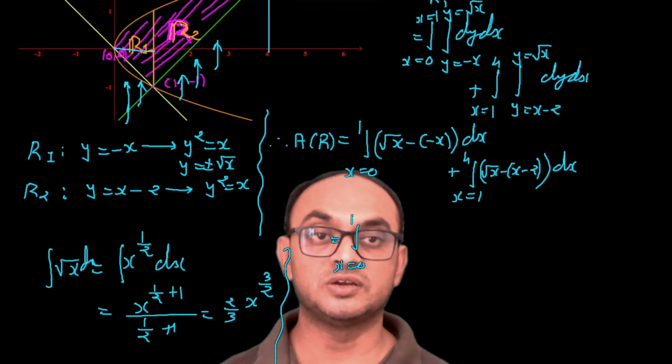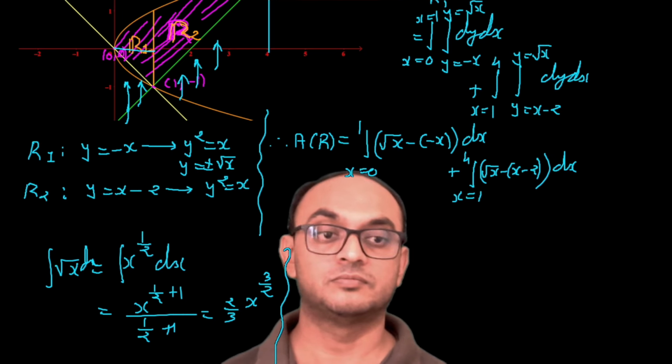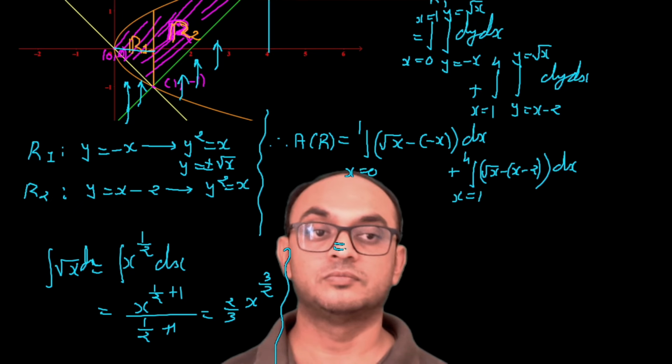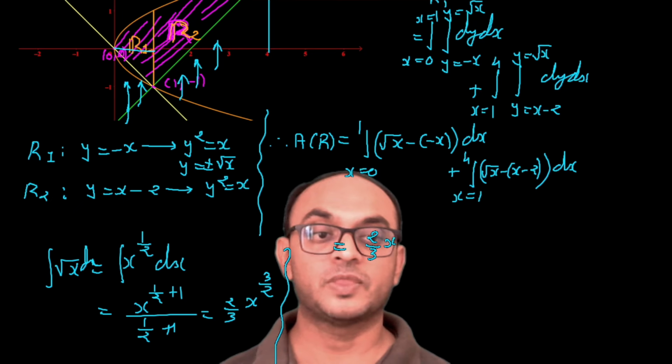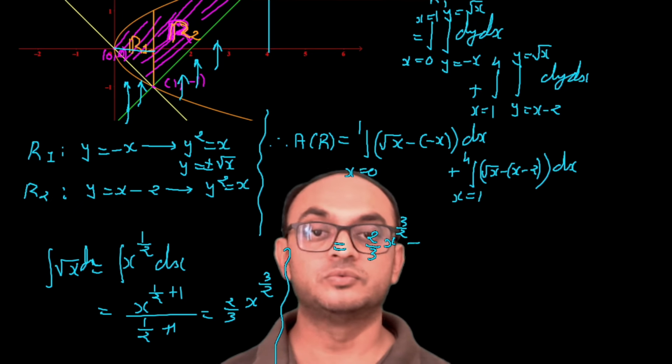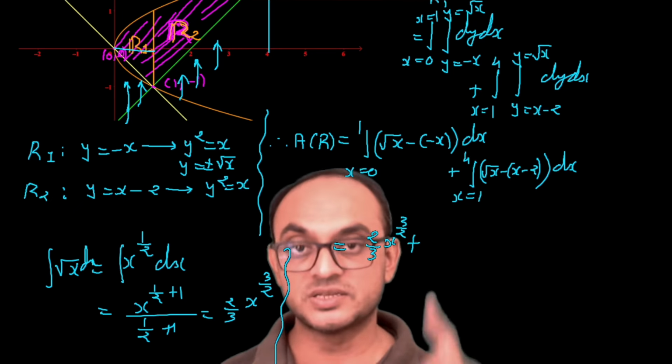So this is equal to 2 by 3 x raised to 3 by 2 minus, minus plus.